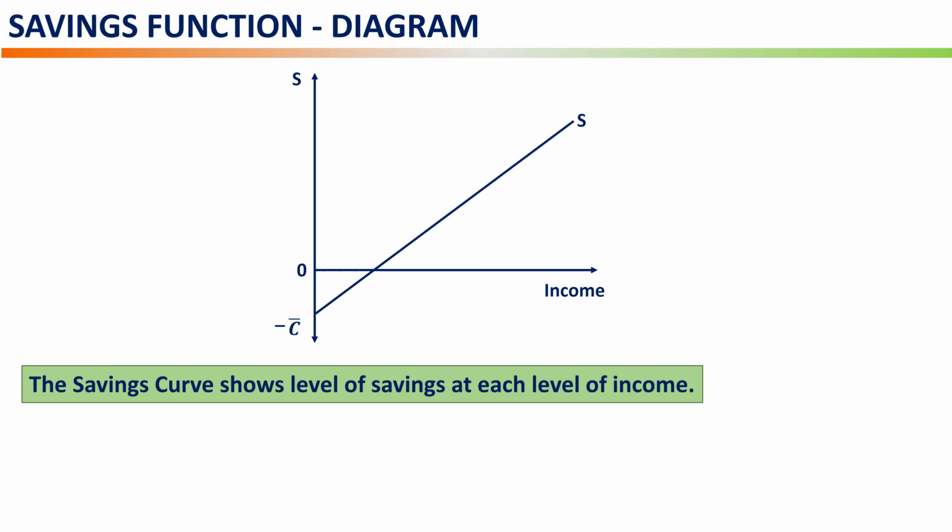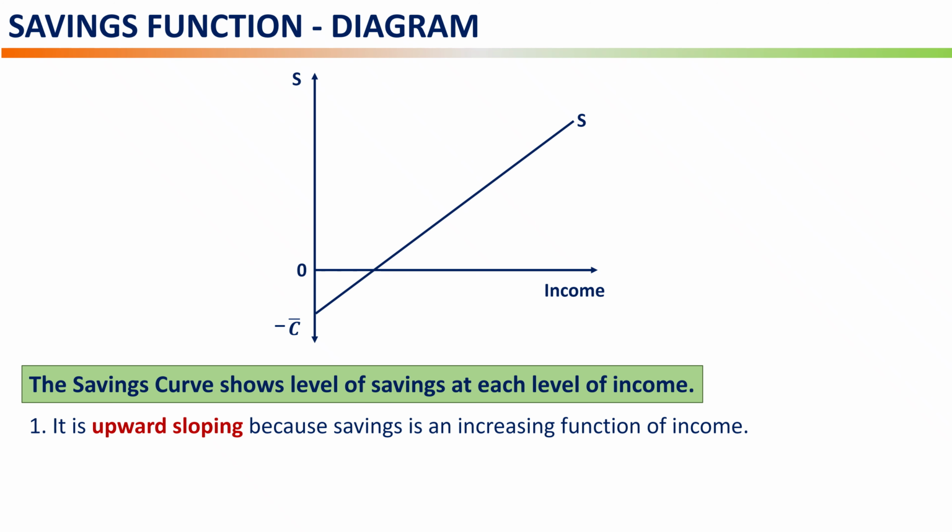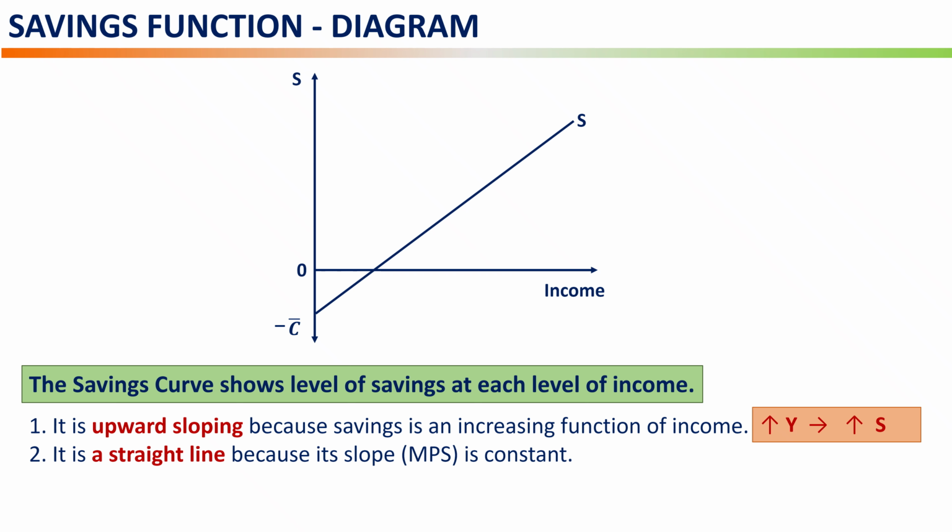From the diagram above, it is easy to identify the features of the savings curve. The first feature is that it is upward sloping because savings is an increasing function of income. That is, as income increases, savings also increase.